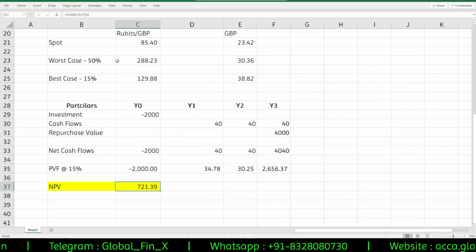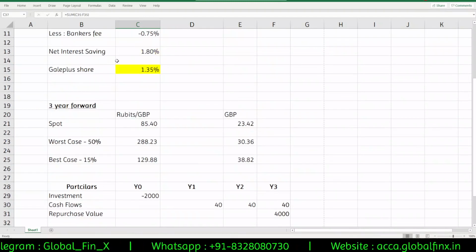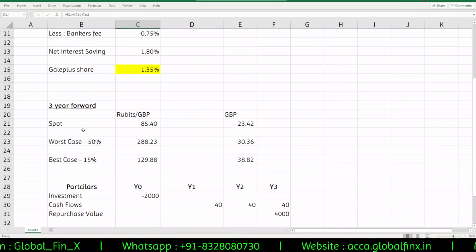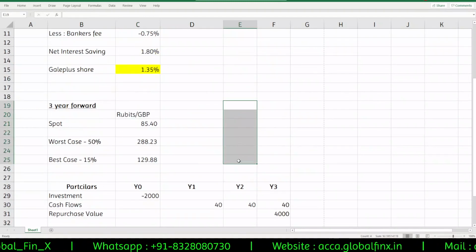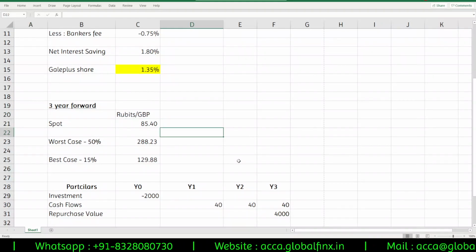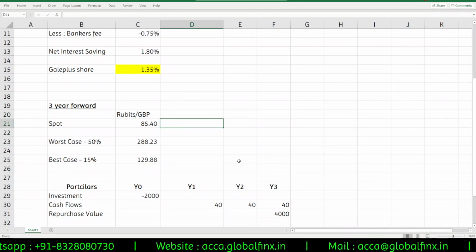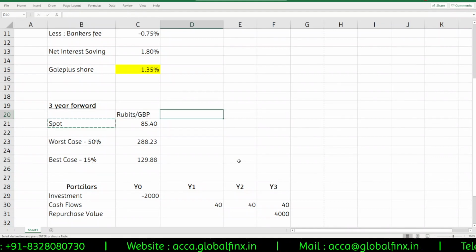And also, if that is the case, it's better I calculate the forward rate for all the 3 years instead of just 1 year. I would need all the 3 years forward rates. Let's do it like this.